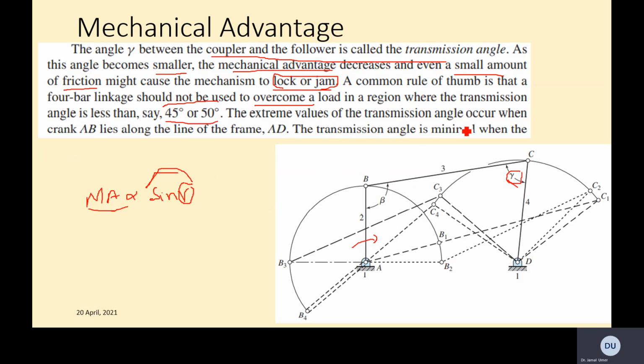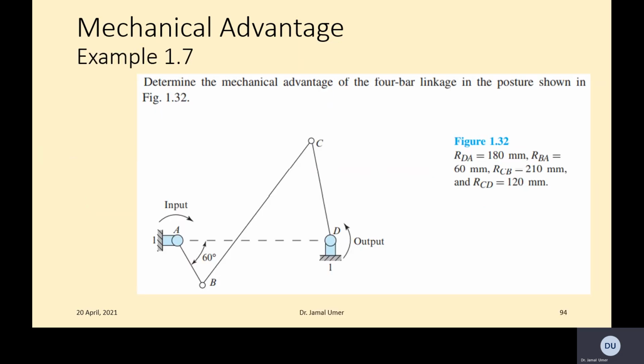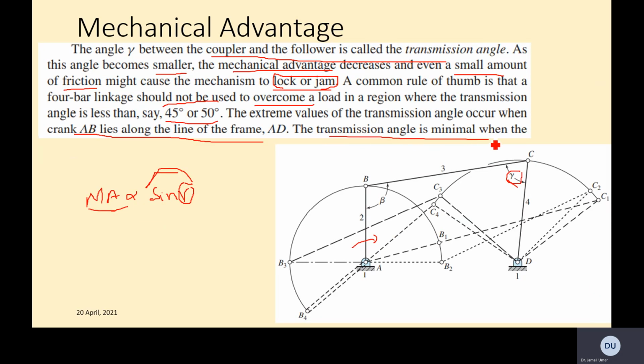The extreme value of the transmission angle occurs when the crank AB lies along the line of the frame AD. So the transmission angle is minimal. This continues explaining the same thing. When AB is in line with the frame, this is the extreme value of the transmission angle.